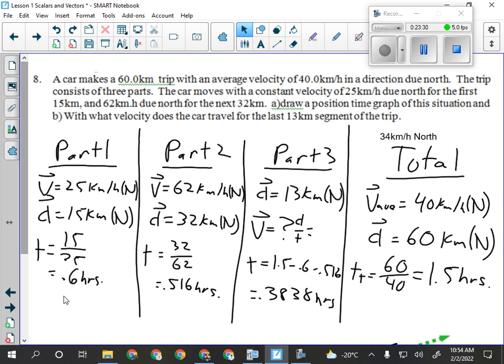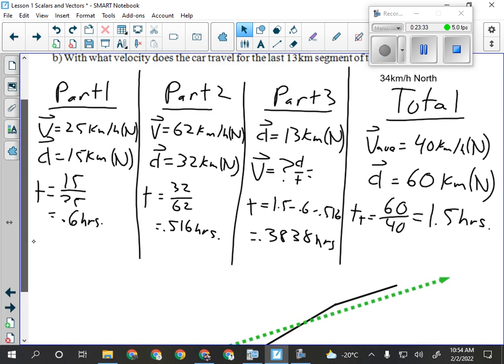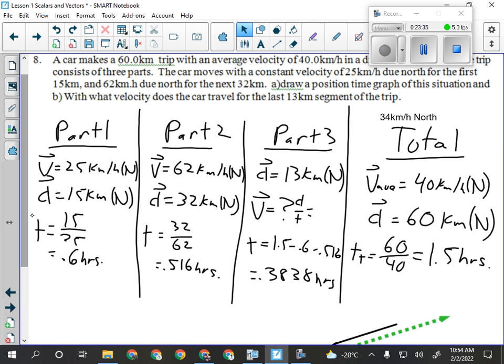Okay. Want to do a little bit of reviewing here in terms of our graphing stuff from Science 10. Okay, so position versus time graphs, velocity versus time graphs. Because my plan is on Monday to do our first lab on position versus time graphs.